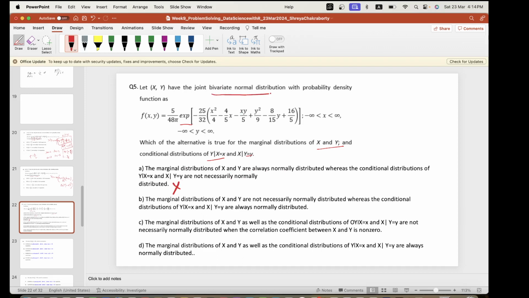It is given it is a bivariate normal distribution, then the marginals are also normal and the conditionals are also normal. So wherever both are written, that will be true. Marginal distributions as well as conditional distributions are always normally distributed, irrespective of whether rho is 0 or anything other than 0.